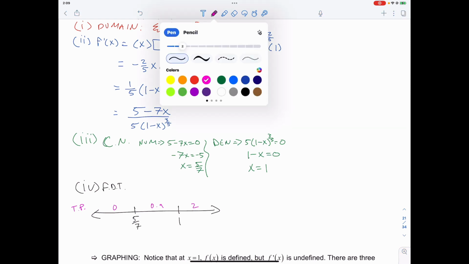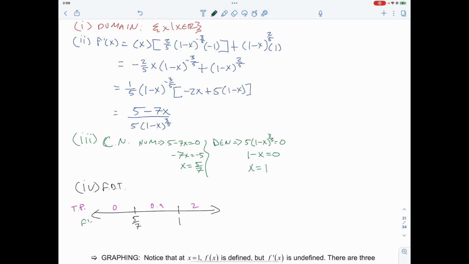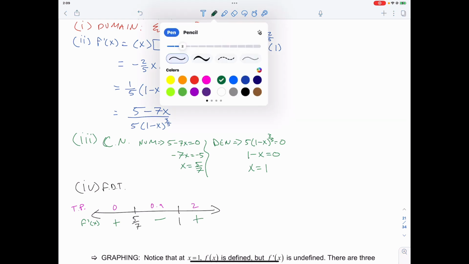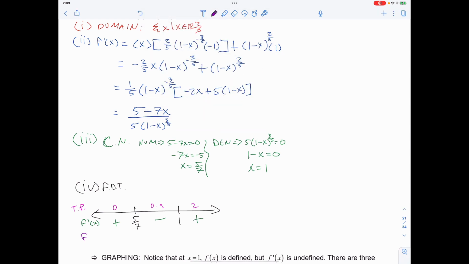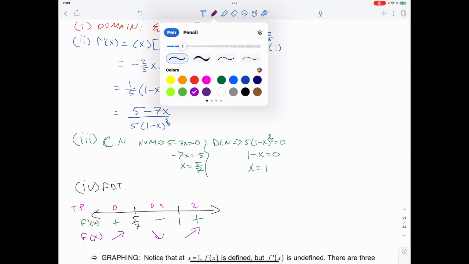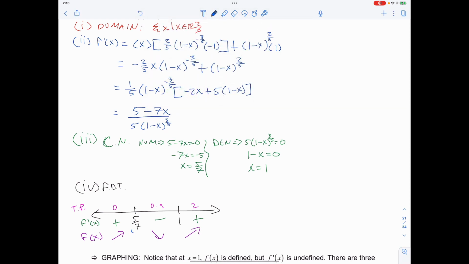And I wind up with f prime of x goes from being positive to negative to positive, which means that my f of x is going up, then down, and then up again. And we can see that we have a local max and that we have a local min.